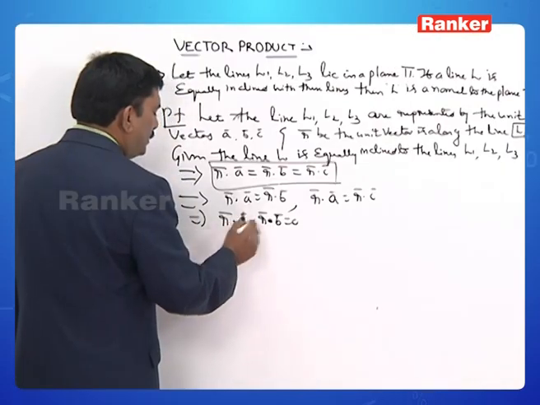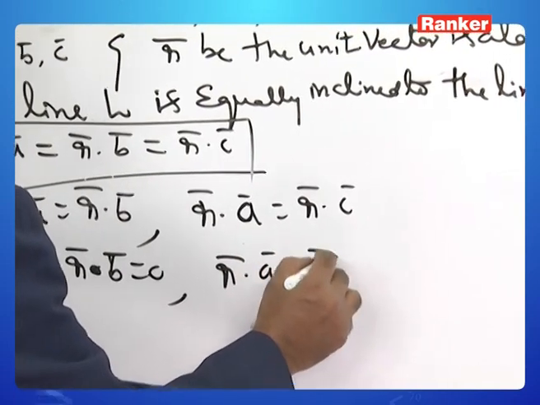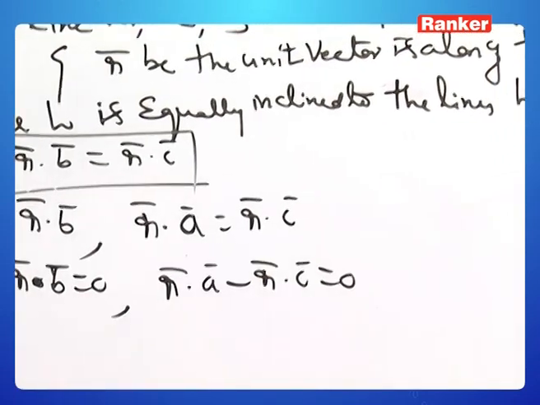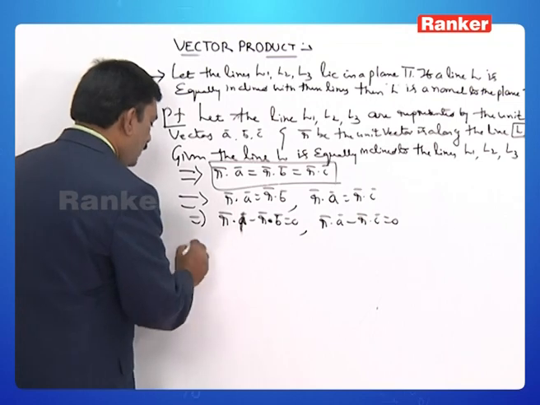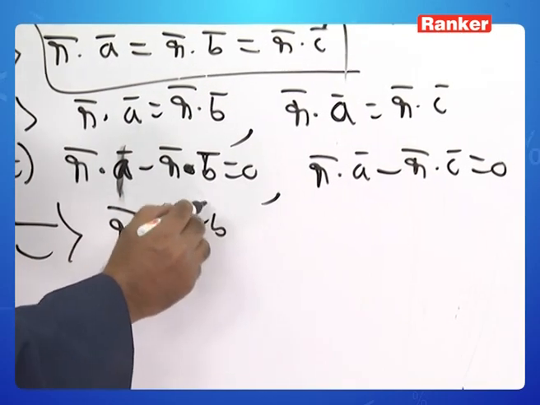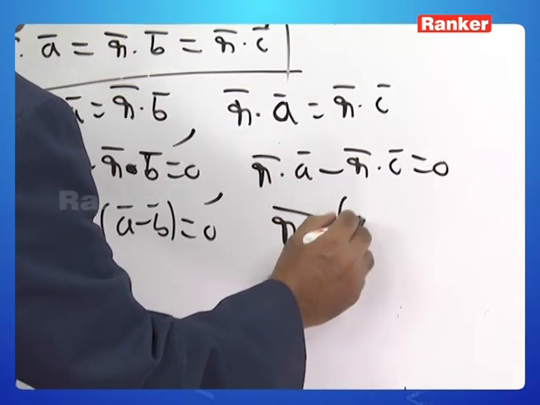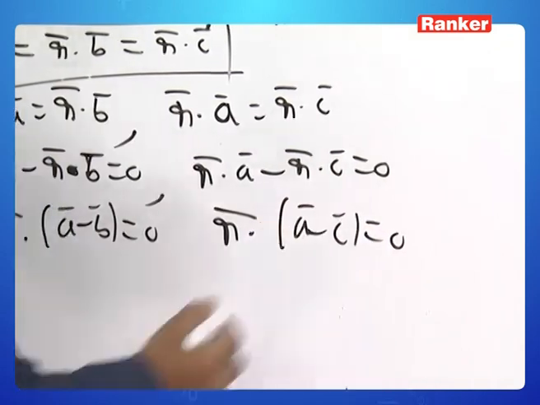Next, r bar dot a bar minus r bar dot c bar is equal to 0, which implies r bar dot of a bar minus b bar is equal to 0, r bar dot of a bar minus c bar is equal to 0.